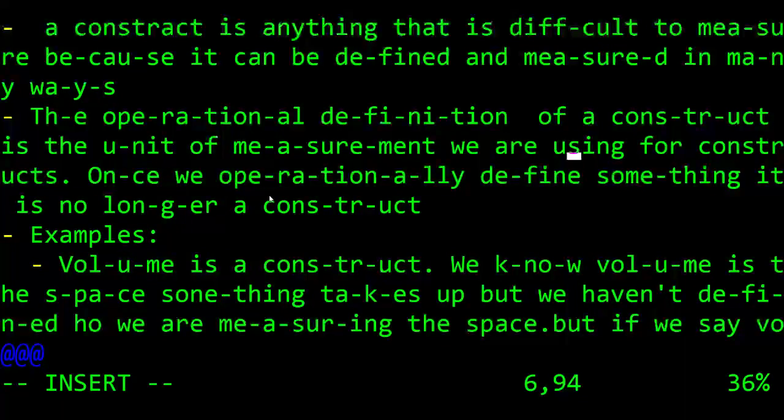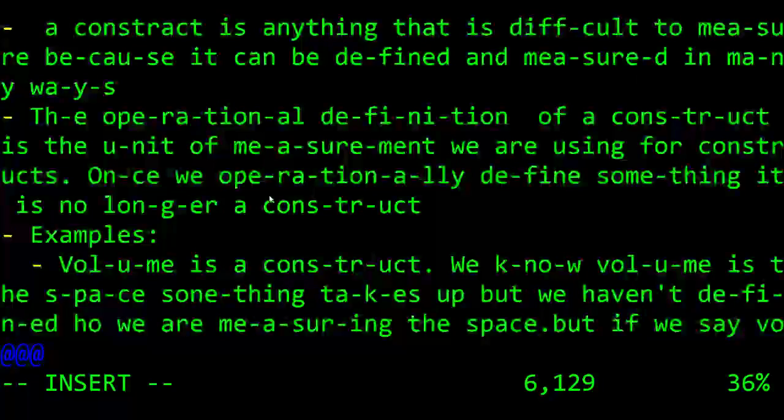Once operationally defined, something is no longer a construct.